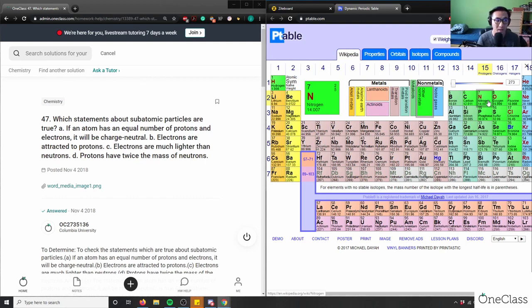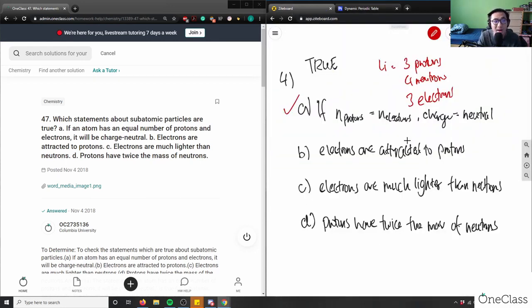Because as I increase the number of valence electrons, the protons attract the electrons and pull them in closer, therefore decreasing atomic radius. So by that logic, B is also true.